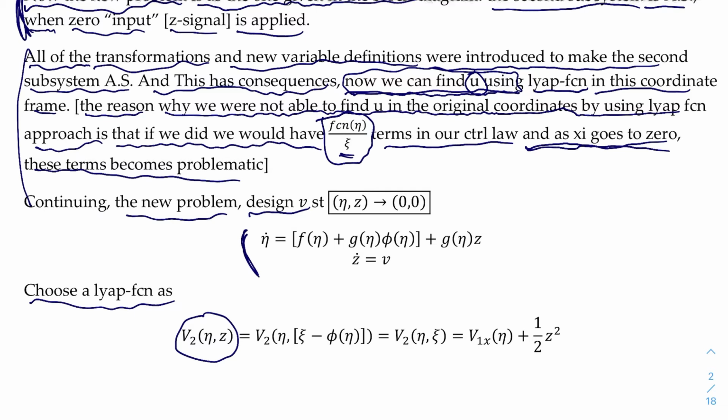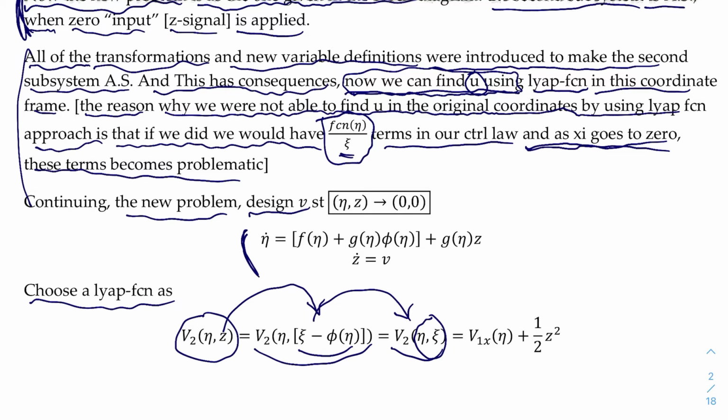Lyapunov based control design. But we know that z can be written like this, and so in a way, our Lyapunov function is a Lyapunov function of eta and xi.